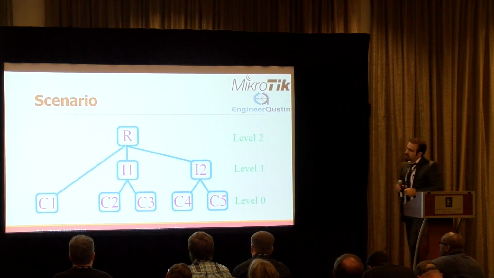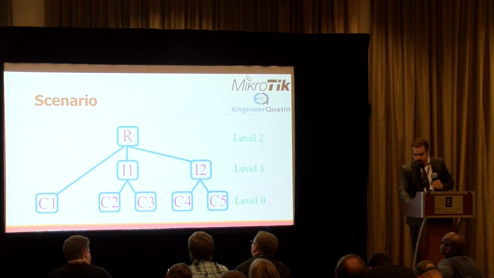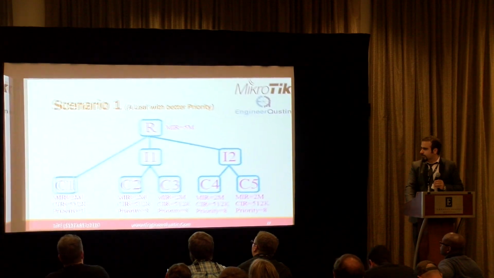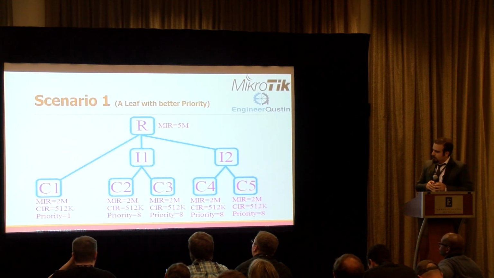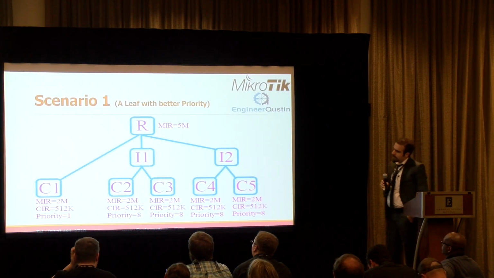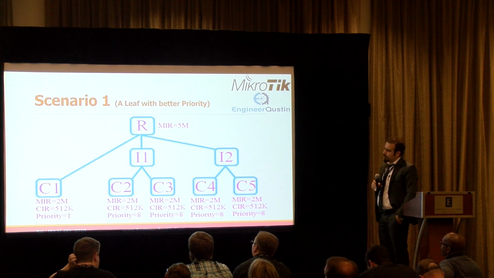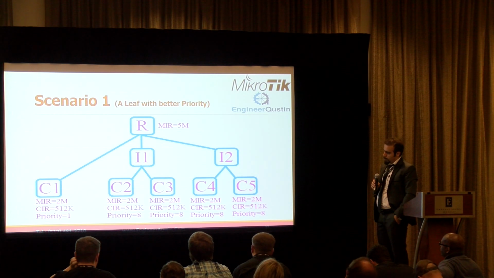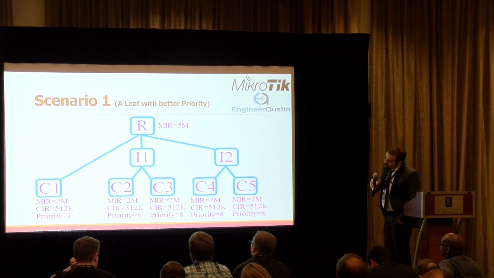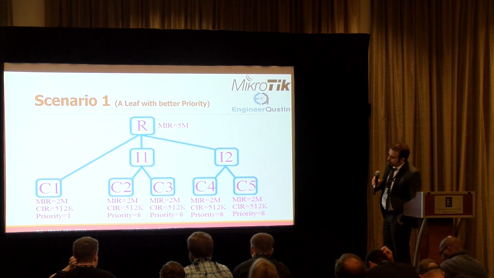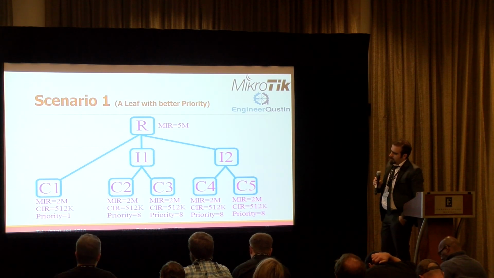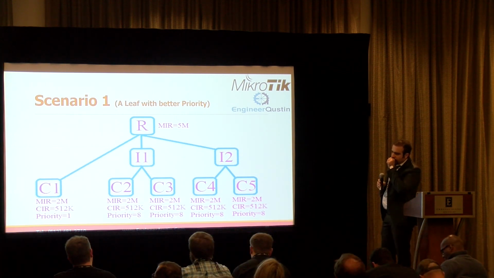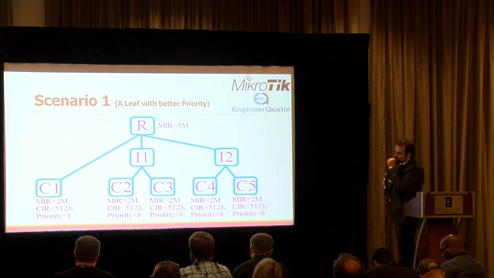We have a simple scenario, as you see, with 3 levels. You can see we have 4 leaf queues, 2 specific inner queues, and 1 root. In the leaf queues, we have C1 that has the highest priority. What happens in this situation?